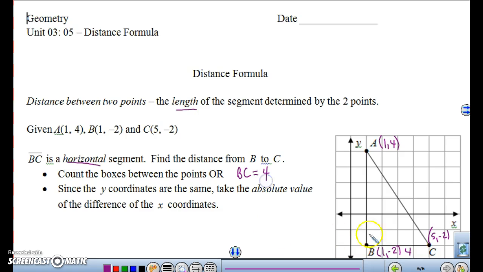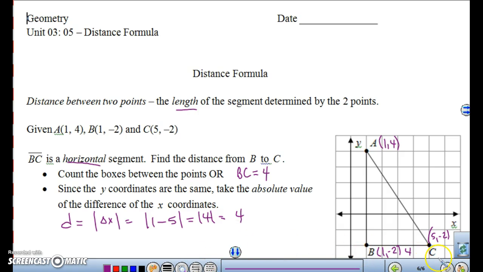Now, like I said, the horizontal line has the y coordinate the same. So to find the distance, you can also take the absolute value of the difference of the x coordinates. So the change in the x's. You go from 1 to 5. So delta x, or the change in x, is the absolute value of 1 minus 5, which is equal to the absolute value of -4, which is 4.